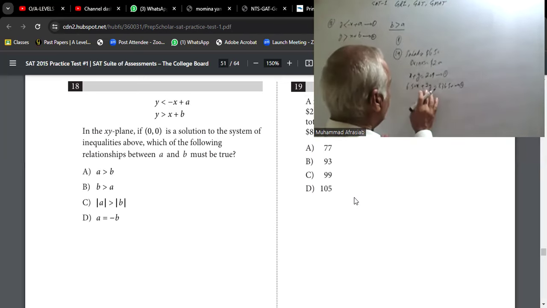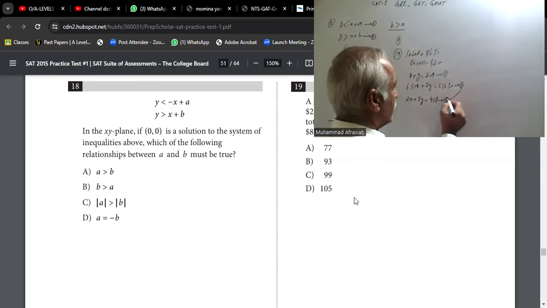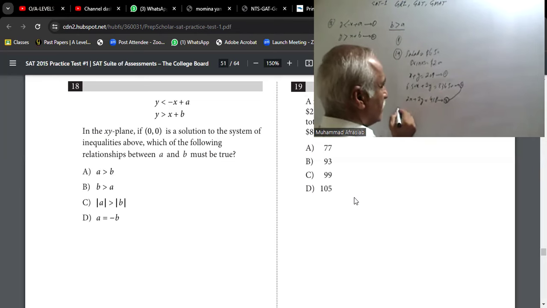So the coefficient of y we can balance. It should be 2x plus 2y is equal to 2 multiplied by 418. Let's say that is equation number 2, and this is equation number 3. So now we solve these two equations together. This is plus 2y, this is plus 2y, and with the subtraction they are going to cancel out.